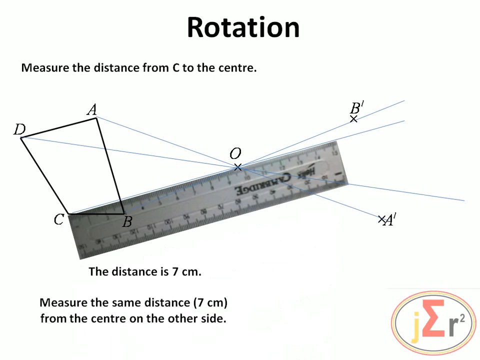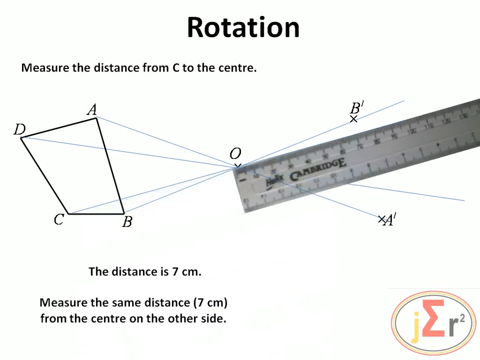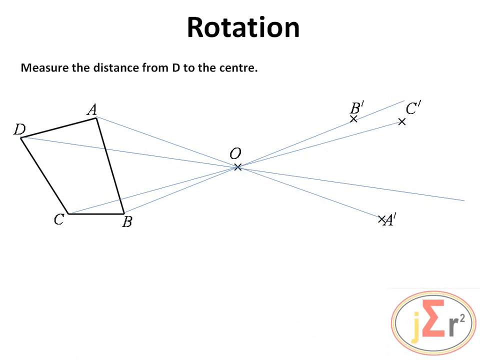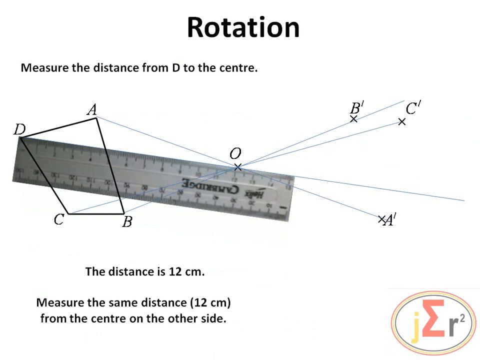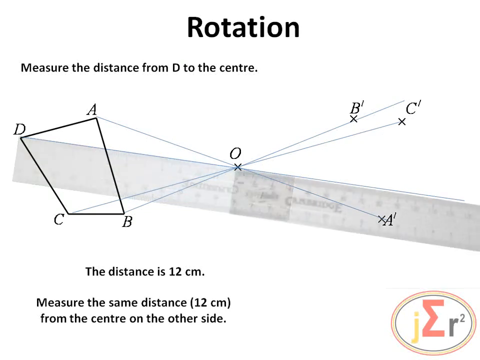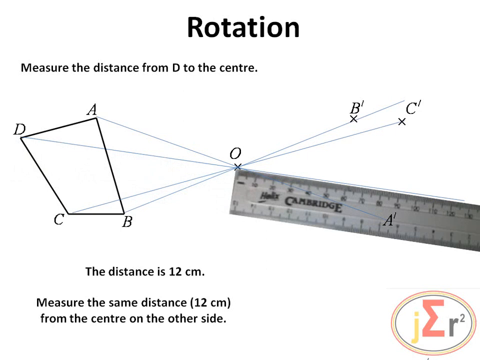So measure the same distance on the other side and locate the image of C. And also, finally, measure the distance from D, and that distance is 12 centimeters. So measure the same distance on the other side in order to locate the image of D.